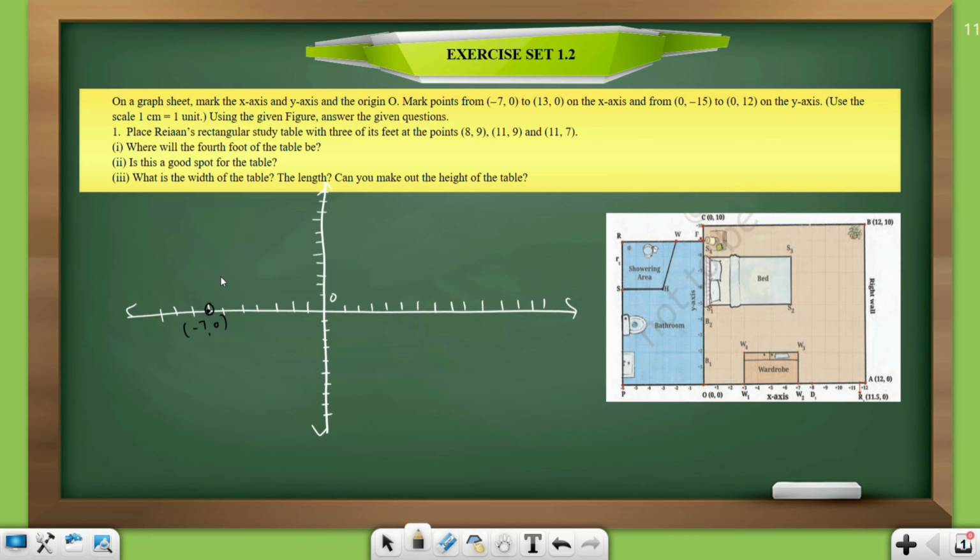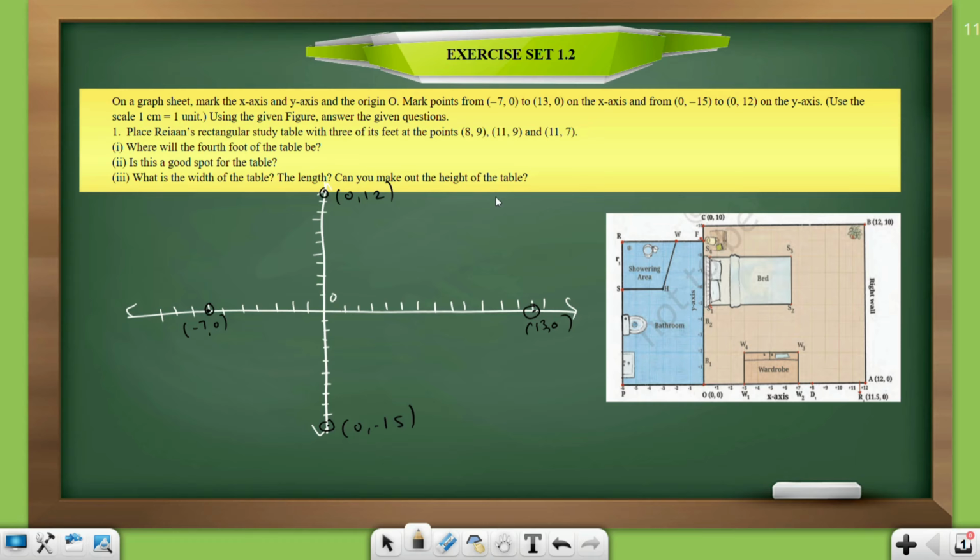Our next point is (13, 0), which should be 1, 2, 3, 4, 5, 6, 7, 8, 9, 10, 11, 12, 13, so it is located here. The next two points are (0, 12) and (0, -15). Let's assume that (0, 12) is here and (0, -15) is somewhere here.